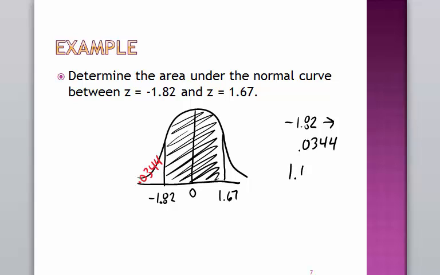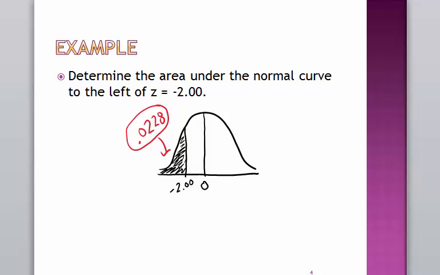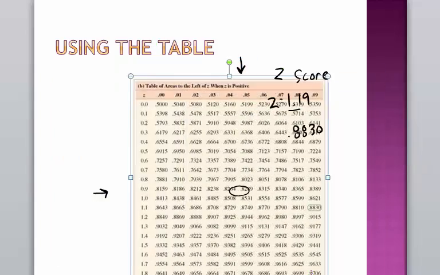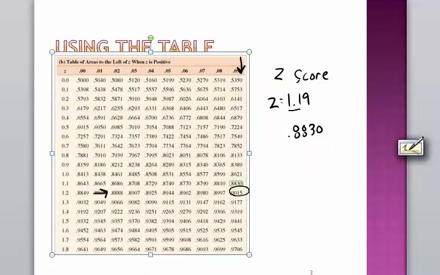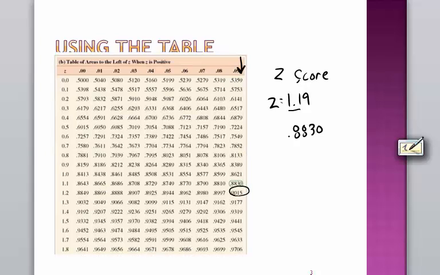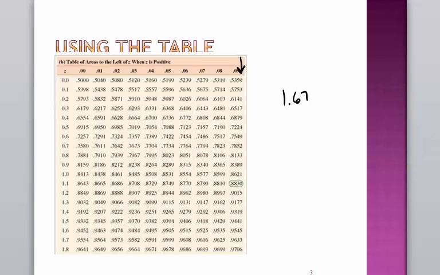All right, let's go to the 1.67. We're going to go to our positive table now. Let's look at 1.67. And so we're going to go down to 1.6 and 0.07 across the top and intersect those two.